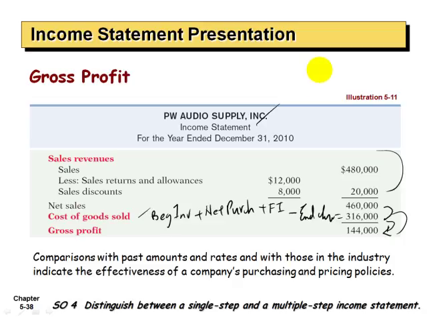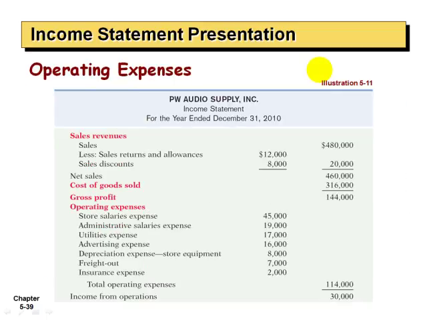The third section is now grouping all the other main expenses of your business called operating expenses. These are again the admin and the selling expenses. Subtotal and the difference between gross profit and operating expenses is equal to really a main number in your company called income from operations.